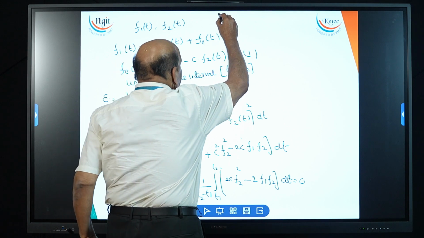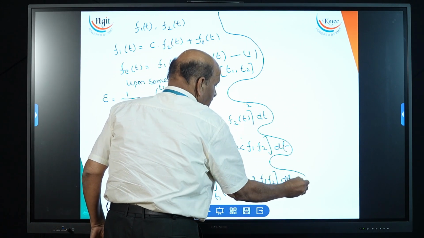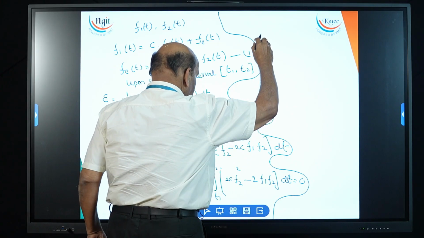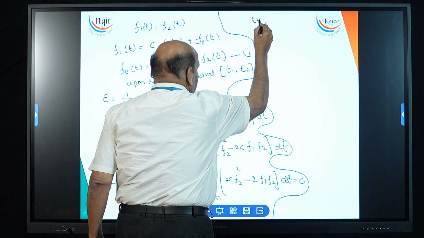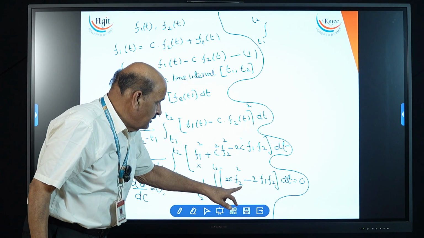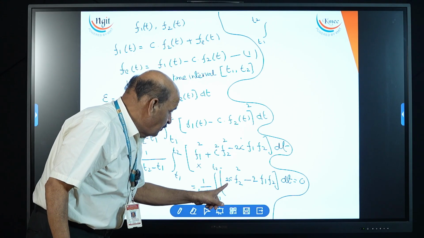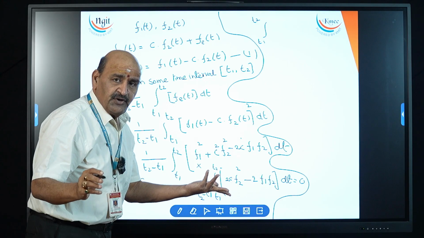Now just look at. What part is remaining? Integral t1 to t2. Look at one more point. 2 is constant, 2 is constant, 2 also you can cancel.